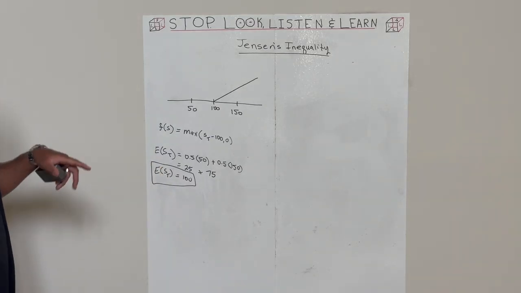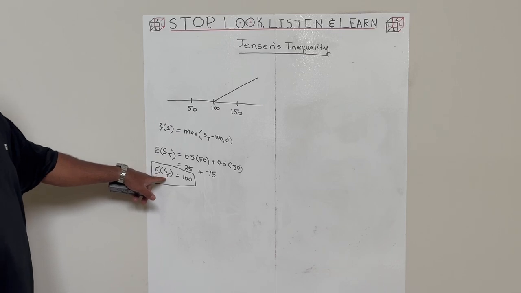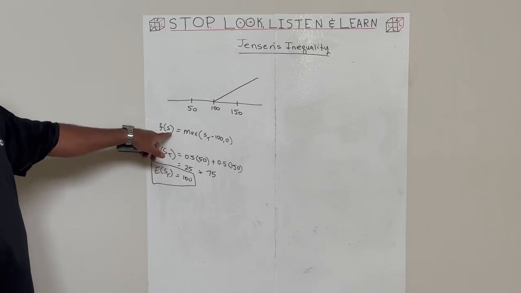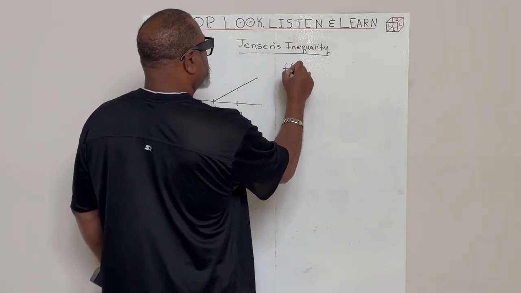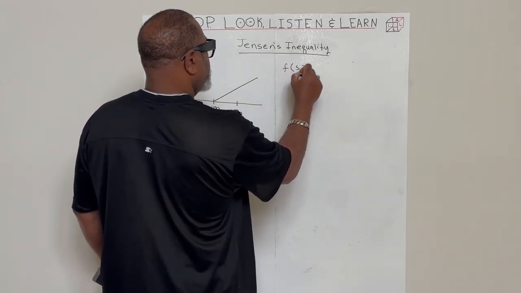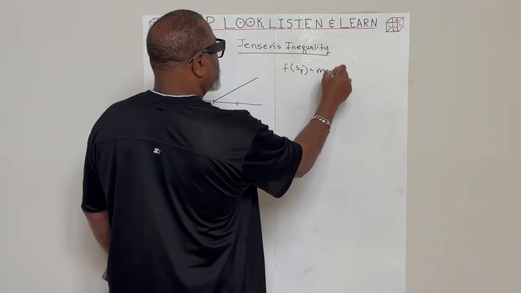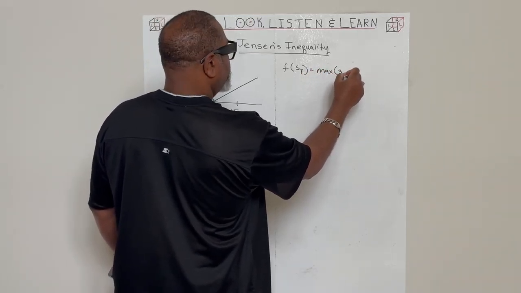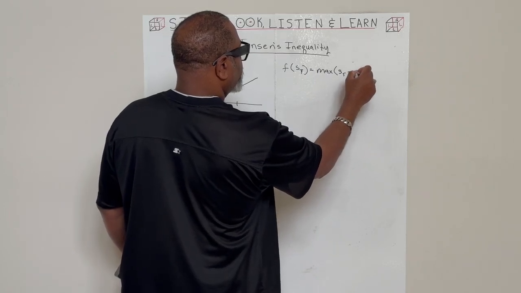Now, what we want to do is plug this expected price of the stock into this payoff formula and see what we get. So coming over here, we have the payoff formula, f of S_T is equal to the max of S_T minus 100, which is the strike price, or 0, whichever is greater.